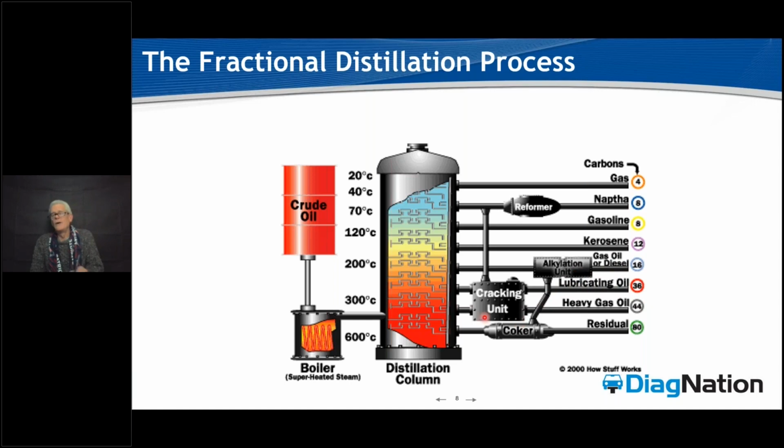And that lubricating oil and heavy gas oil is being cracked to bring the higher elements of that base oil up. Now, what you'll notice is that the base comes out of the cracking unit here, travels up the pipe. Notice that pipe comes above the gasoline band and into the reformer, hence the name reformulated fuel.